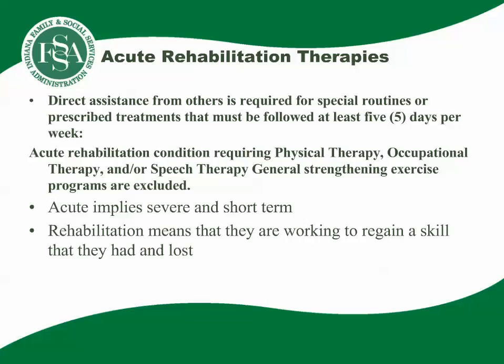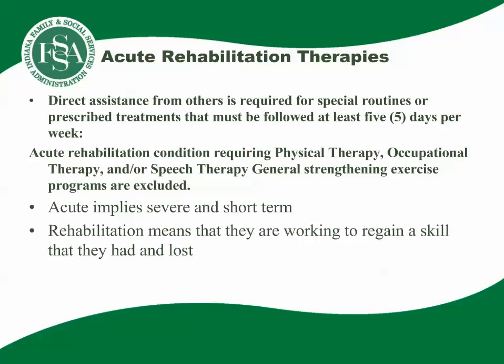So you have to pay close attention to the words in this item, and that you're looking at that acute word implies that yes, it's severe, but it's also short-term in nature, which might not give them long-term nursing facility level of care. Another word to pay close attention to is rehabilitation.